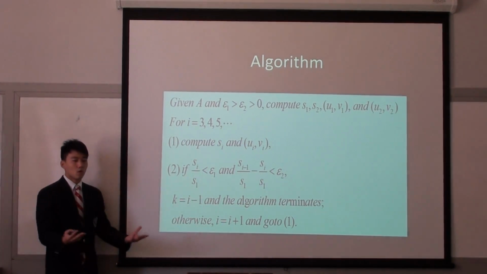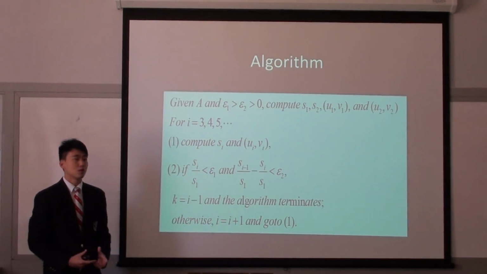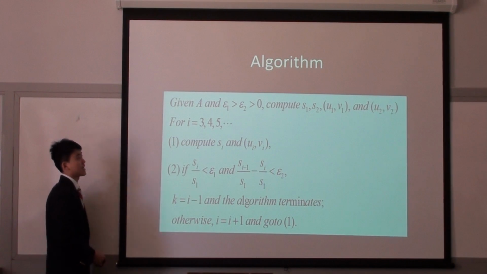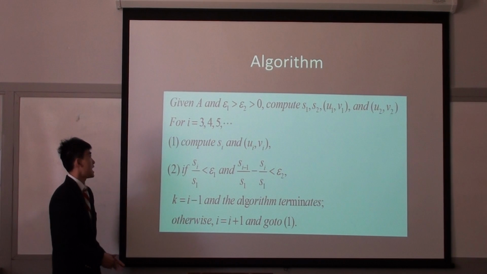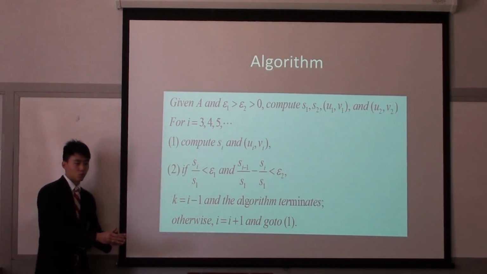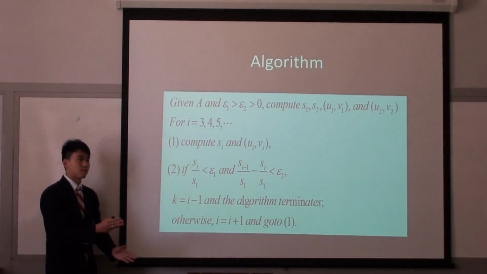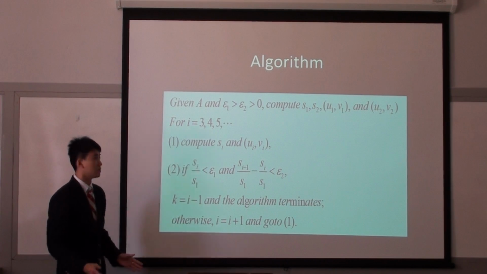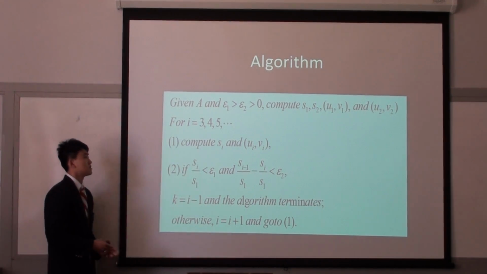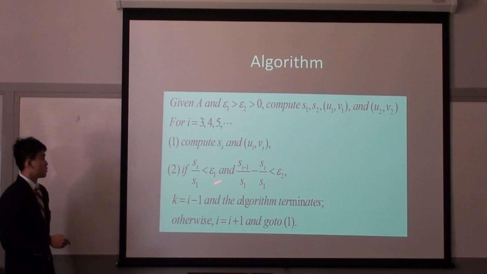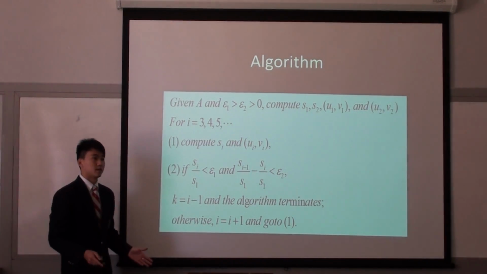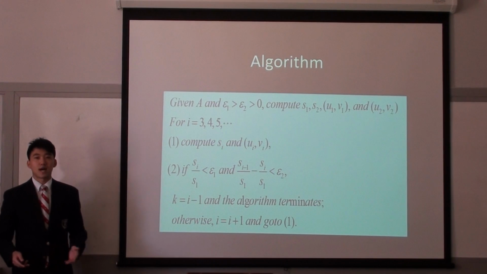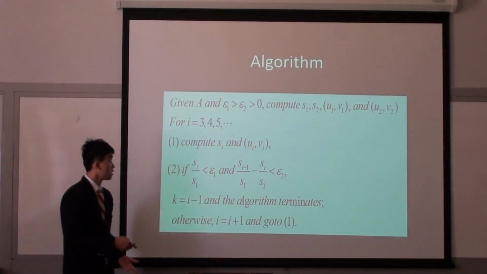When we receive that matrix, we calculate the first two singular pairs, and then the computer will start running the third one, fourth one, fifth one, all the way until the singular value satisfies both epsilon 1 and epsilon 2 at the same time. That's how we decide the k value.